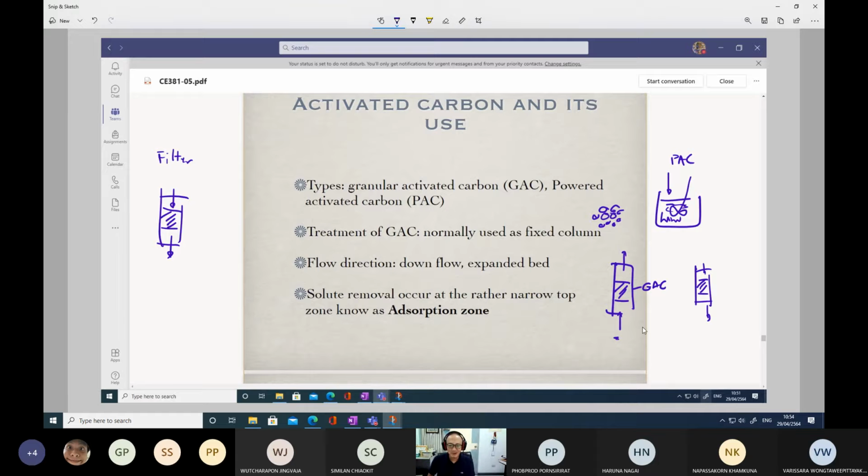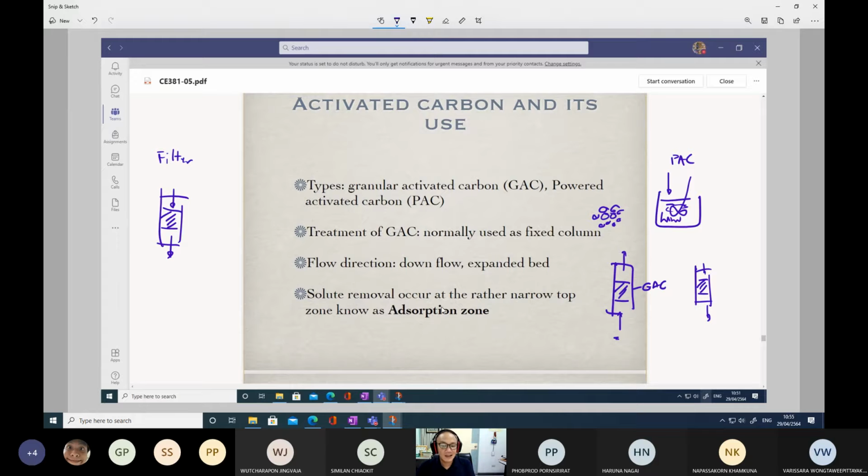But in terms of operations, upflow is more complicated. You need pumps to push the water from the bottom to the top. For downflow, maybe pumps are not required, but if it's upflow, we need power and pumps all the time.